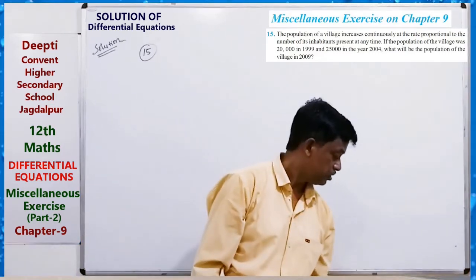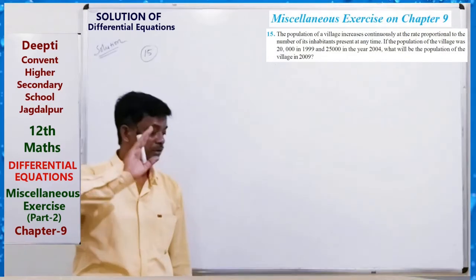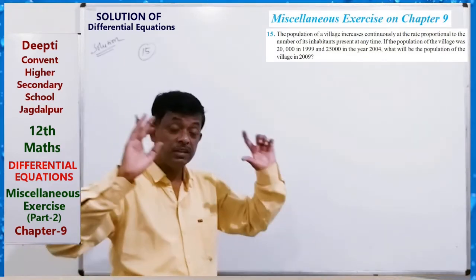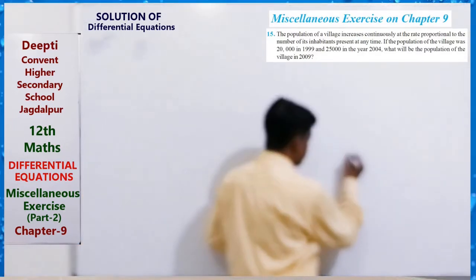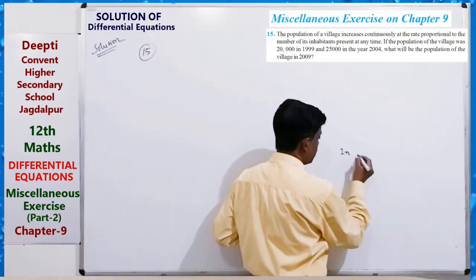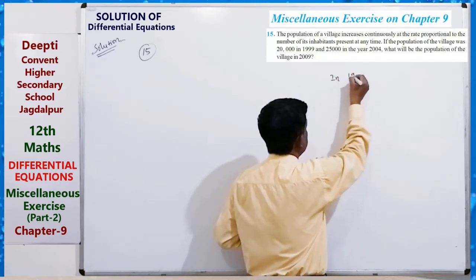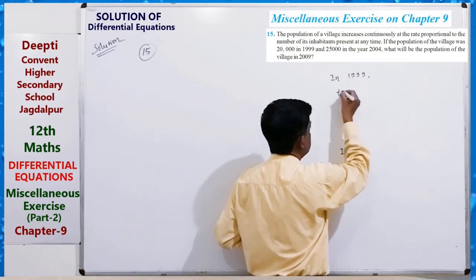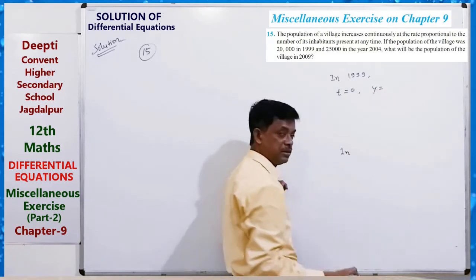So 1999 to 2004 means a 5-year gap, and 2004 to 2009 is also a 5-year gap. So there are 3 conditions given. In 1999, t equals 0 and population is 20,000.